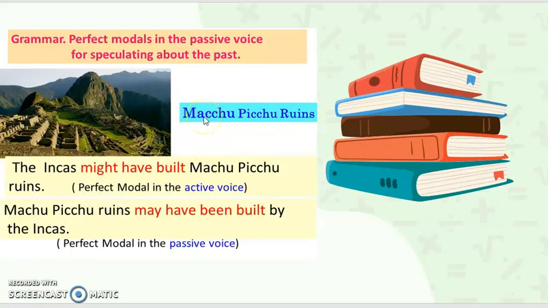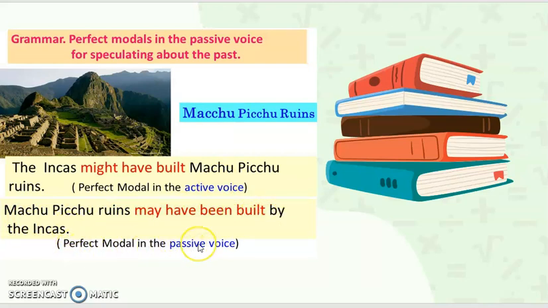Here you have another example. Let me read about this example. Do you know the Machu Picchu ruins? Okay, let's read. The Incas may have built the Machu Picchu ruins. The perfect modal is in the active voice. The Machu Picchu ruins may have been built by the Incas.